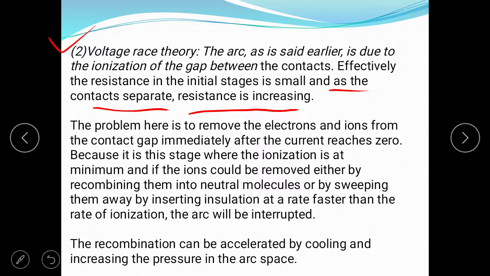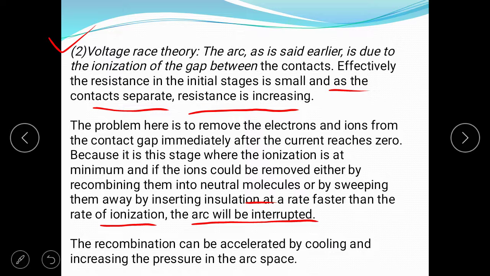So the problem here is to remove the electrons and ions from the contact gap immediately after the current reaches zero, because it is this stage where the ionization is at a minimum, and if the ions could be removed either by recombining them into neutral molecules or by sweeping them away by inserting insulation at a rate faster than the rate of ionization, then the arc will be extinguished.